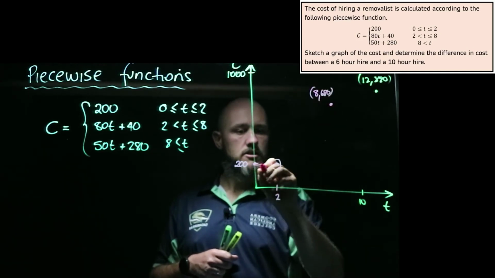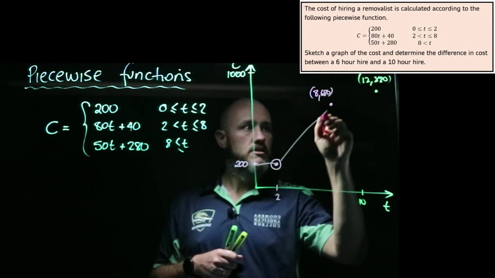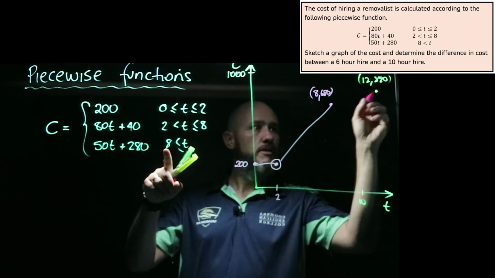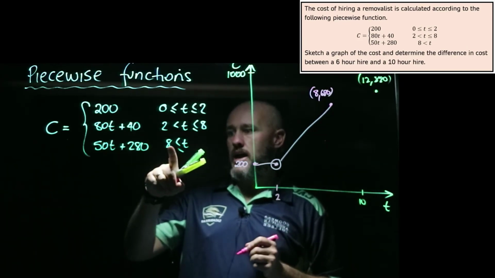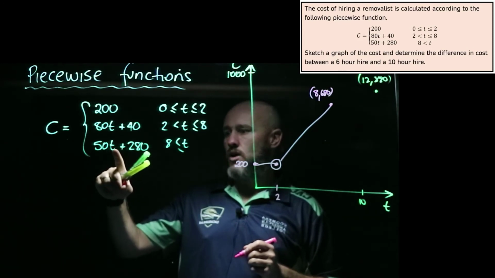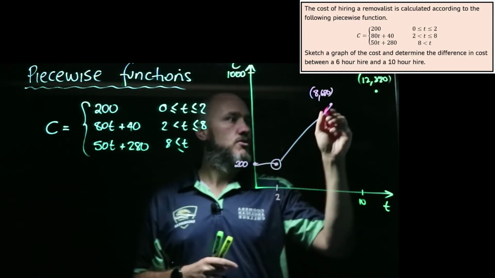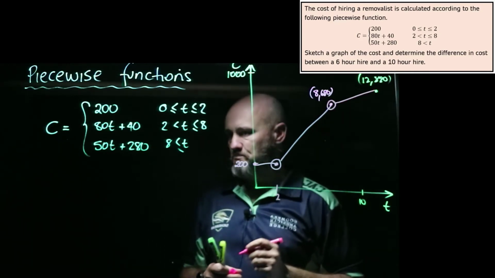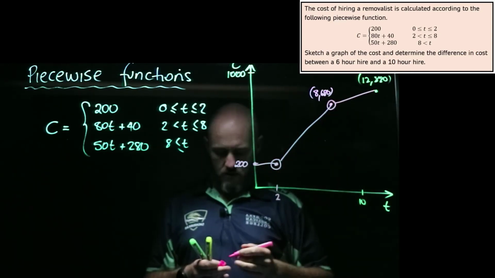And of course I can sketch this now, and then I can sketch this. And then I've got this other one here, which should go from there to there if it's continuous. 50 times 8 is 400, plus 280 is, of course, again, 680. So there's my piecewise function.